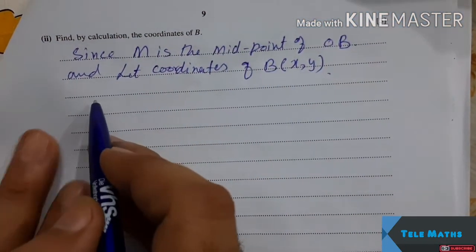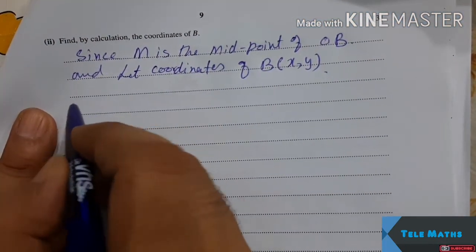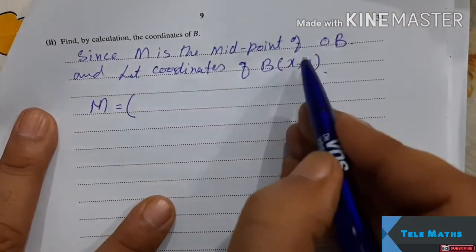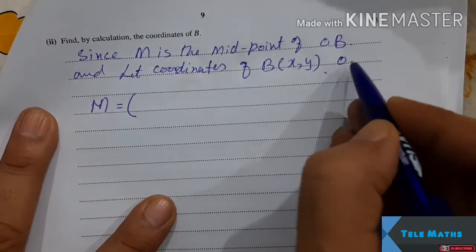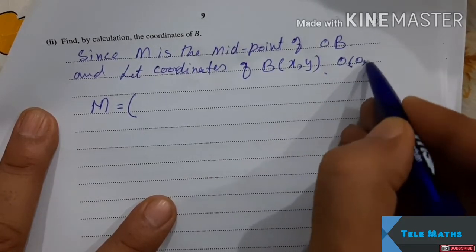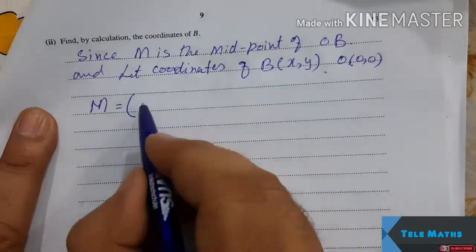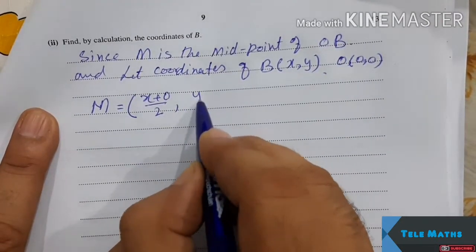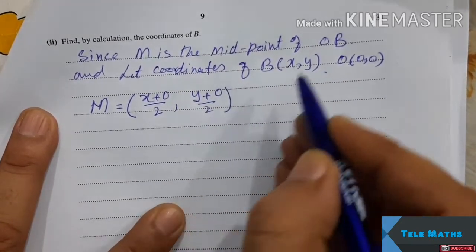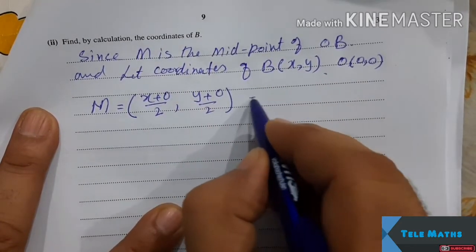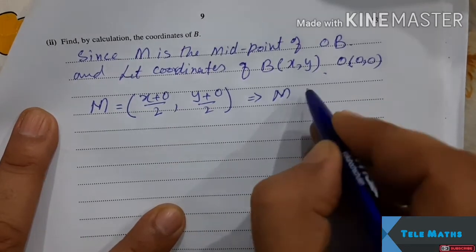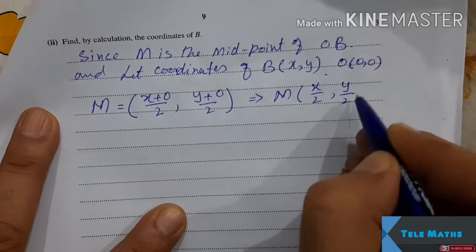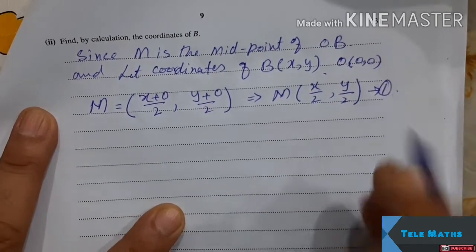Therefore, the midpoint formula is: the origin's coordinates are 0, 0, so x1 plus x2 over 2, x plus 0 over 2, comma y plus 0 over 2. Therefore, this will give us the midpoint's coordinates x over 2, y over 2. This is equation number 1.